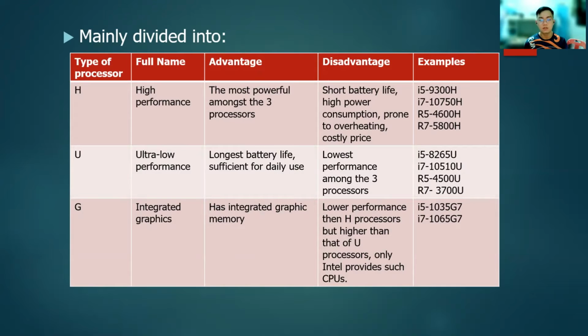The only catch is that only Intel provides such CPUs. So if you are looking for a G processor, for now you can only find them from Intel. Examples from Intel of G1 processors were i5 10th Gen 35G7 and i7 10th Gen 65G7.